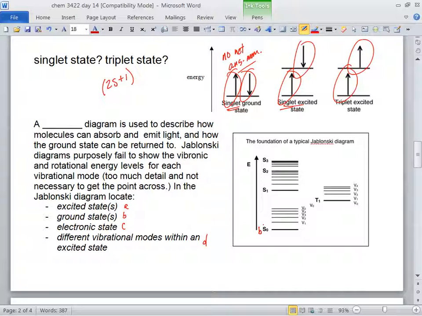Everything that's not S0, that's all my A's. These are all A's. An electronic state. Now we can start talking about this whole vibronic thing.